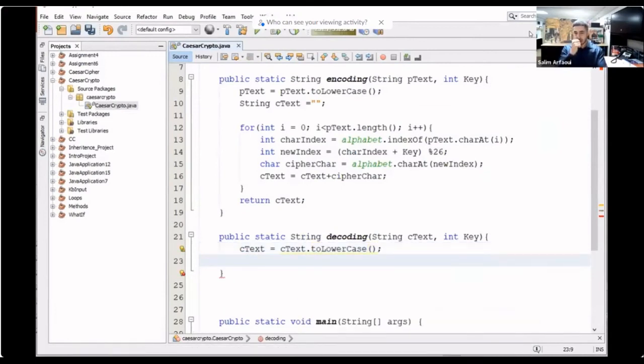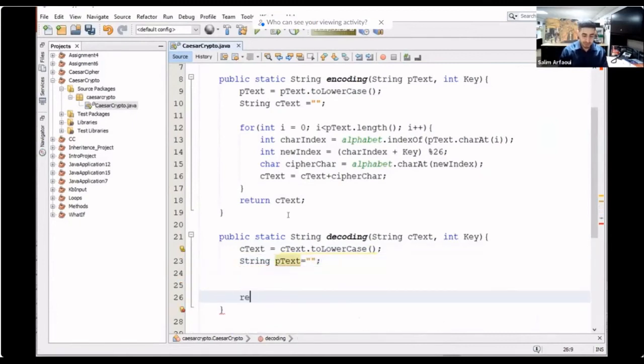The next thing to do is to create our string plaintext, so that is ptext. This is going to be initialized to an empty string, and we're returning that. Once we generate it, we will return our plain text.